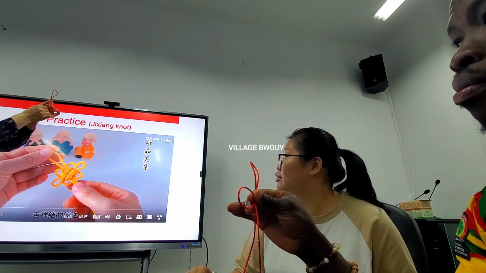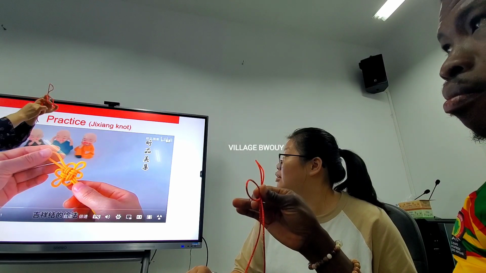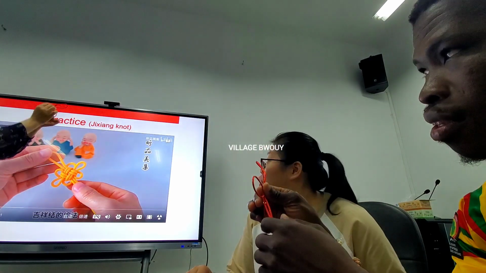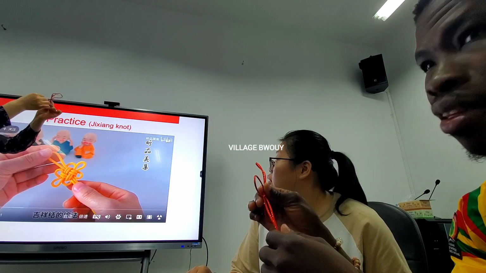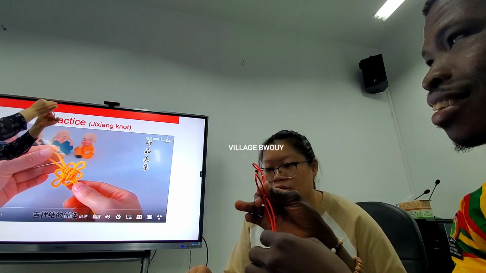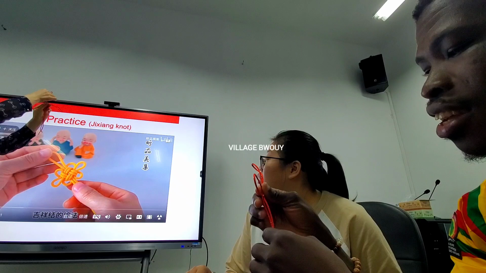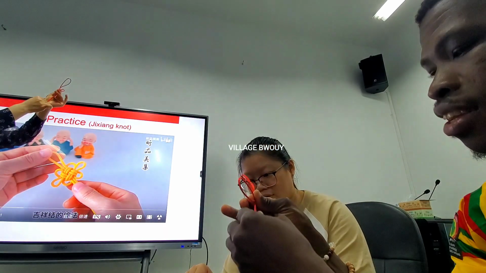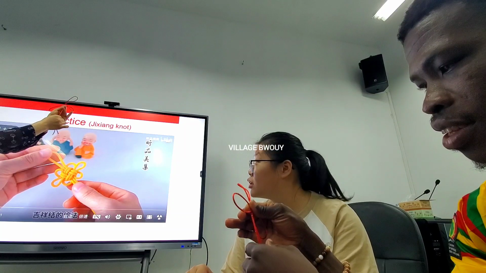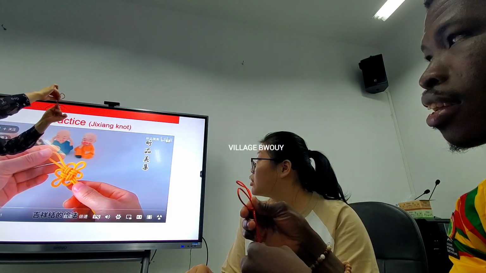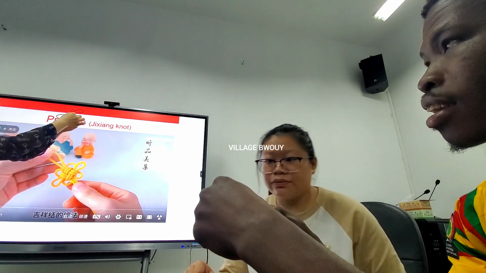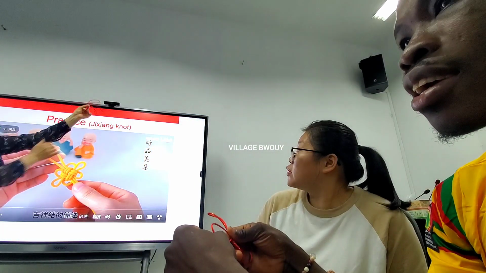The first will go up and press down on the second. You see? This is the first end. And you hold this and go up and press down on the second. Press it down on the second, right?